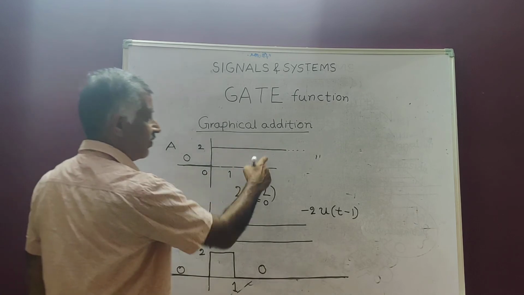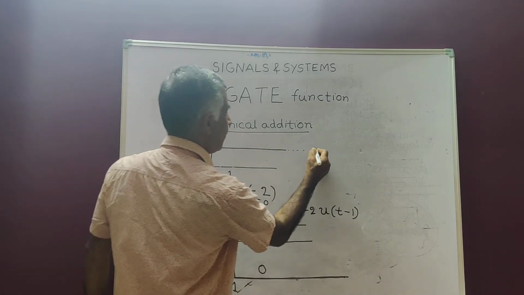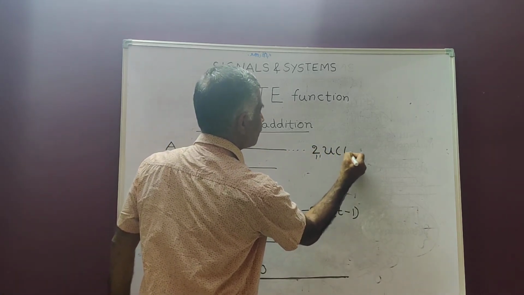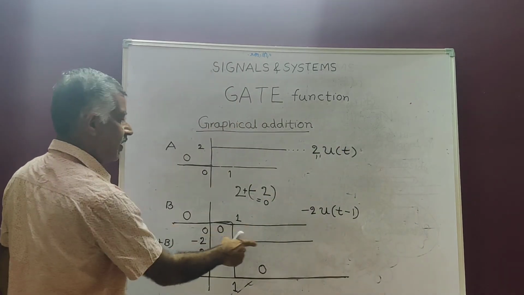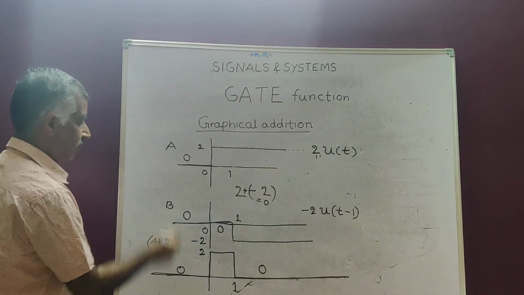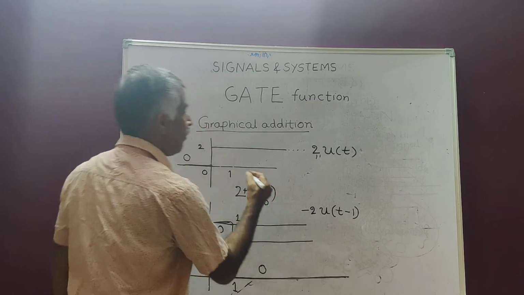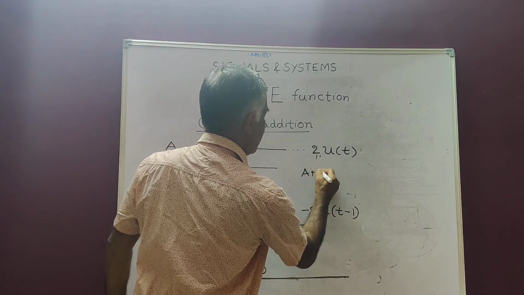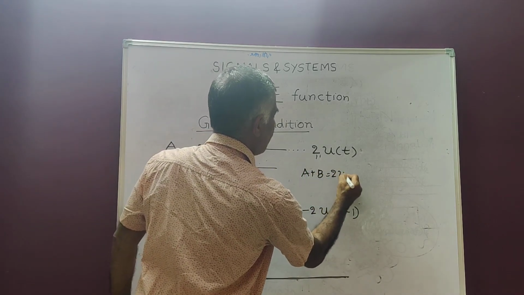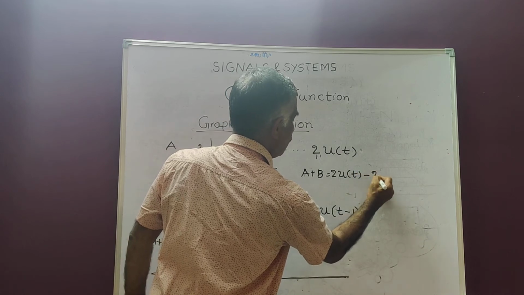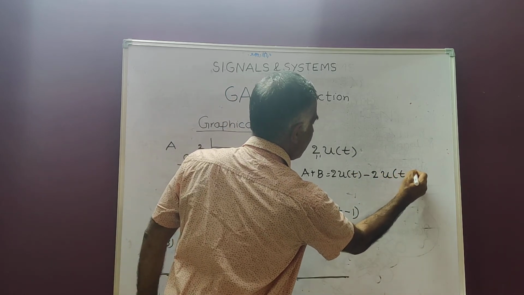This waveform is 2u(t), and this waveform is minus 2u(t minus 1). What is A plus B? A plus B is 2u(t) minus 2u(t minus 1).